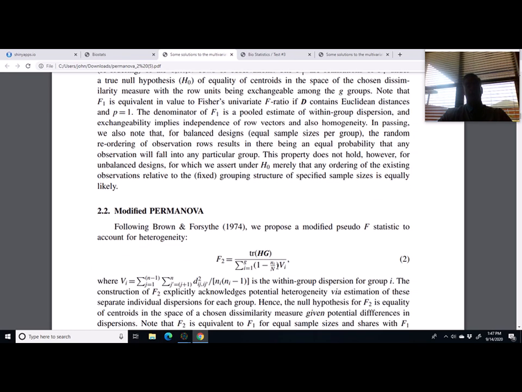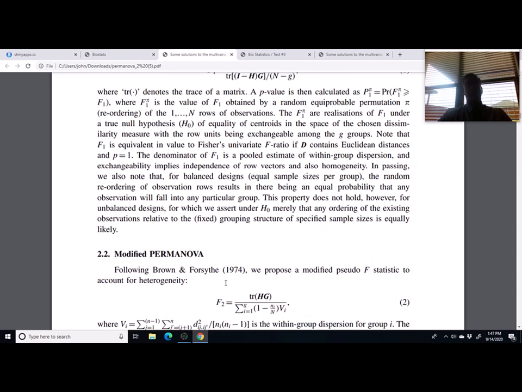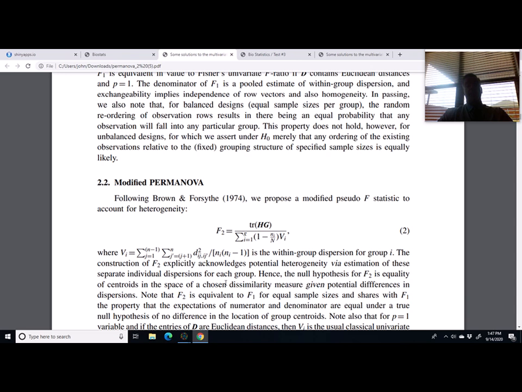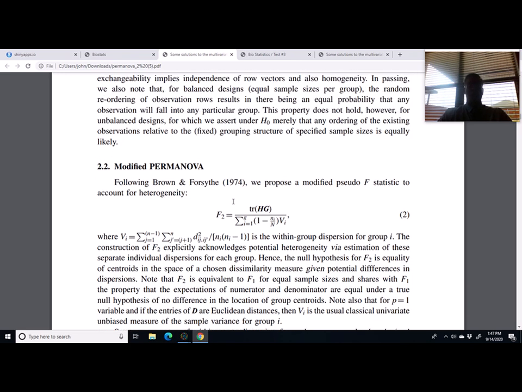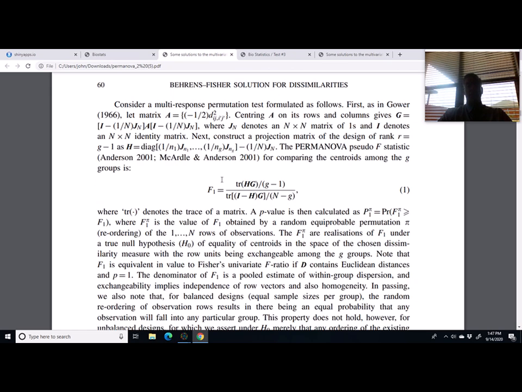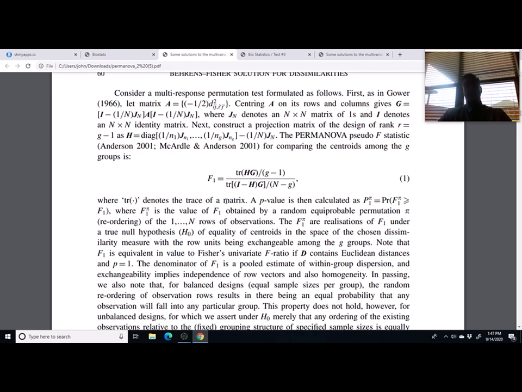The denominator here is the within group dispersion for group i, and then you divide by these constants. And if you read through this, they mention that in the case where the group sizes are equal, then F2 would equal the F1 that you had before.